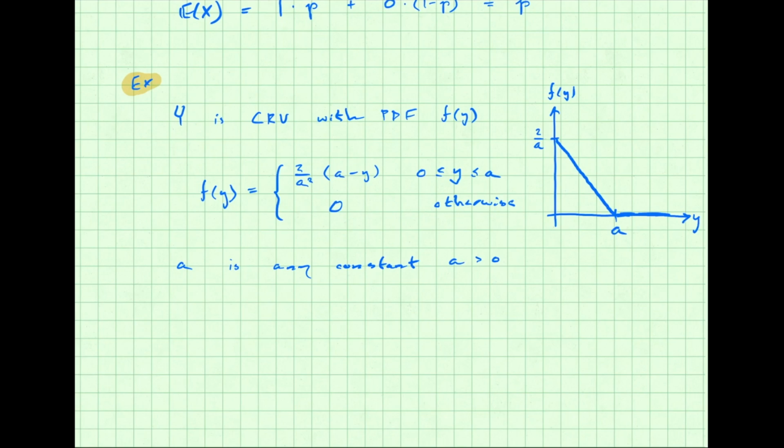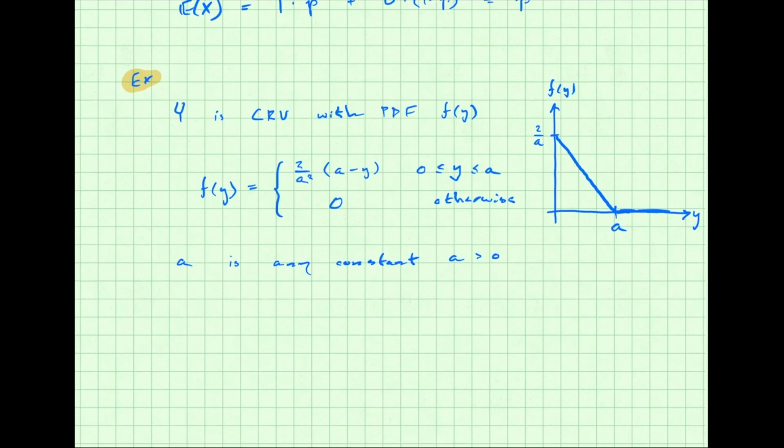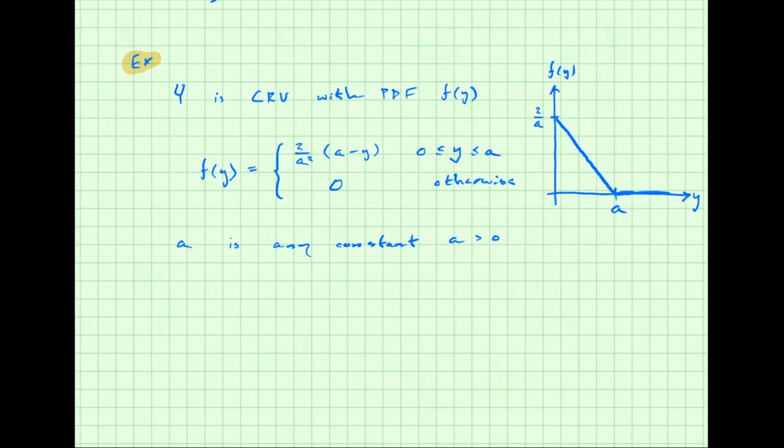All right, and so we'll just find the expected value. That's the task. You might want to take a look at this before you actually do it. Stare at that distribution for a while, and think to yourself, where should the expected value be? It's certainly not at 3a or something like that, so it's not over here.